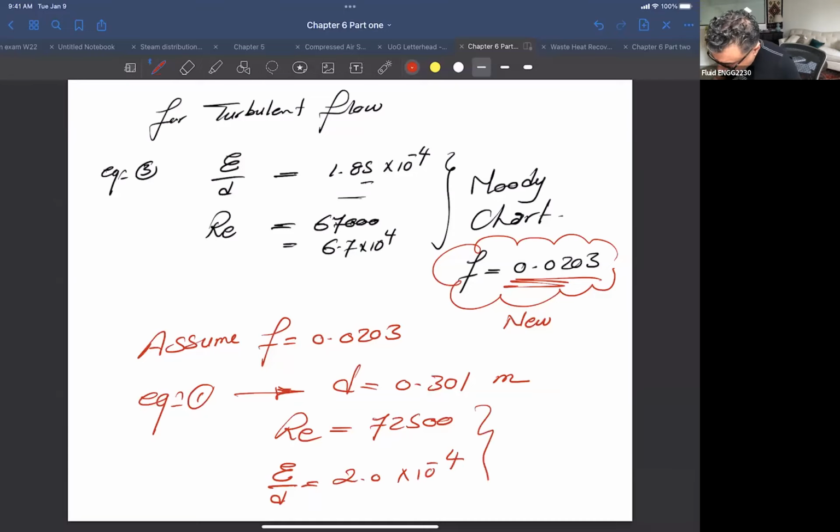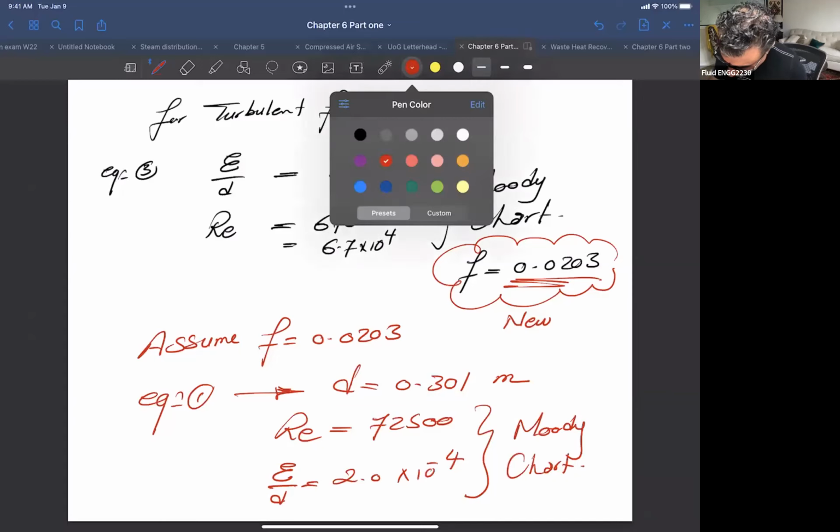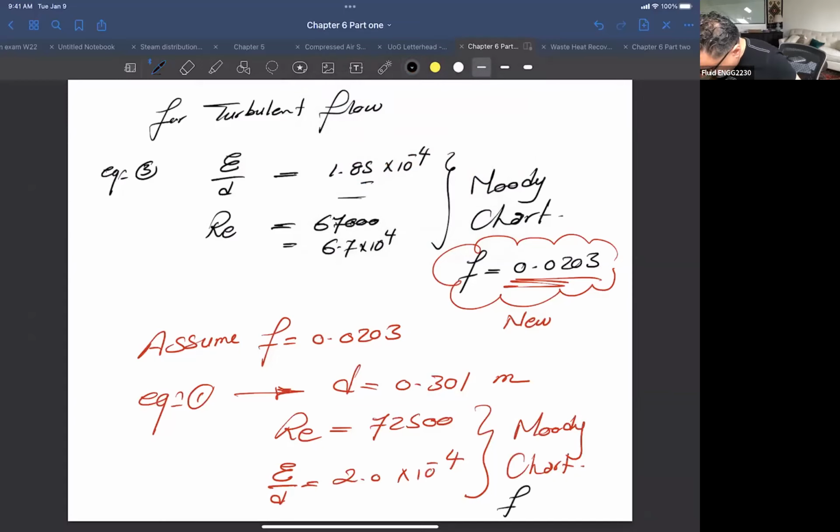It looks like, again, the Moody chart. Okay. So in this case, we'll get the new value here. f new here from the Moody chart is 0.0201.